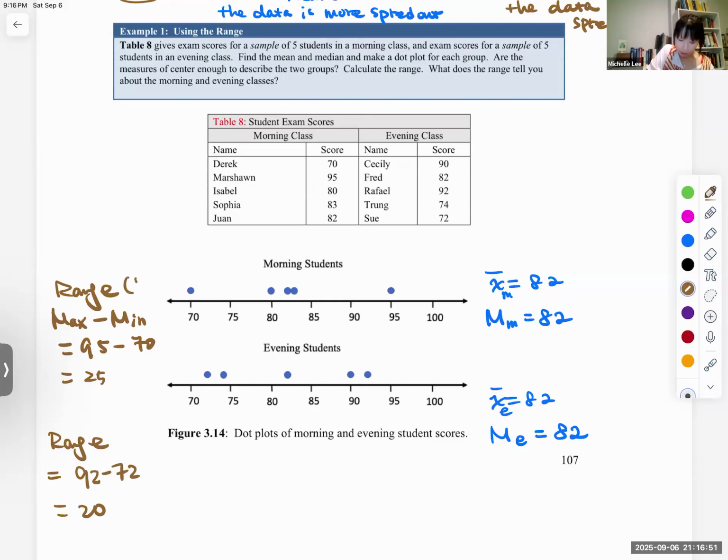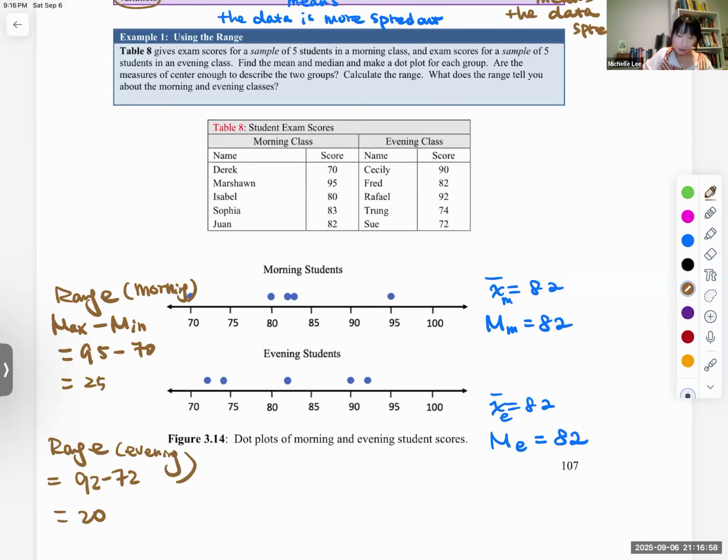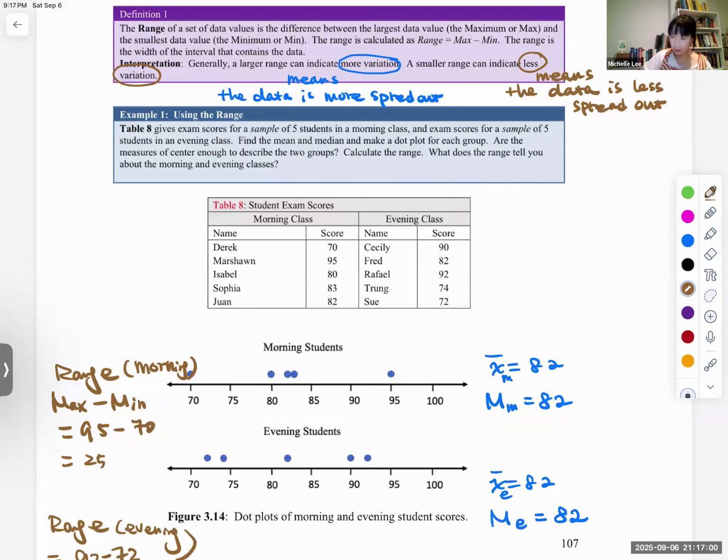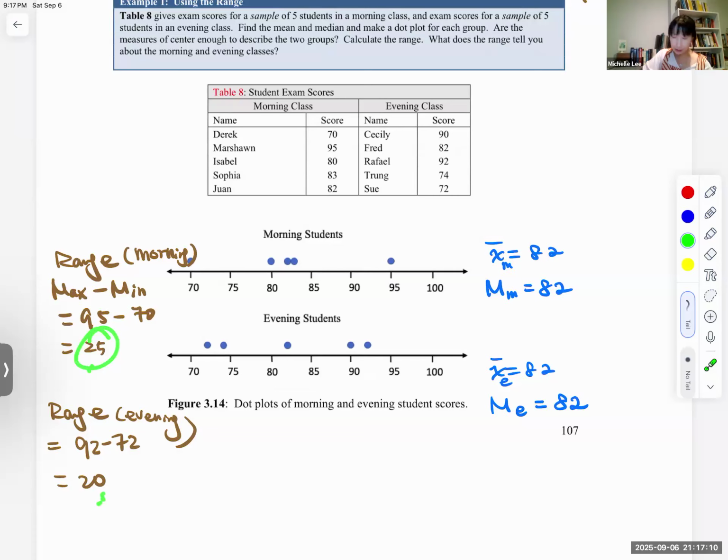So this is the morning, and this is the evening. They also give us a tip that the larger range can indicate more variation. Since this is larger than this, this one has more variation. And 20, we can say less variation.